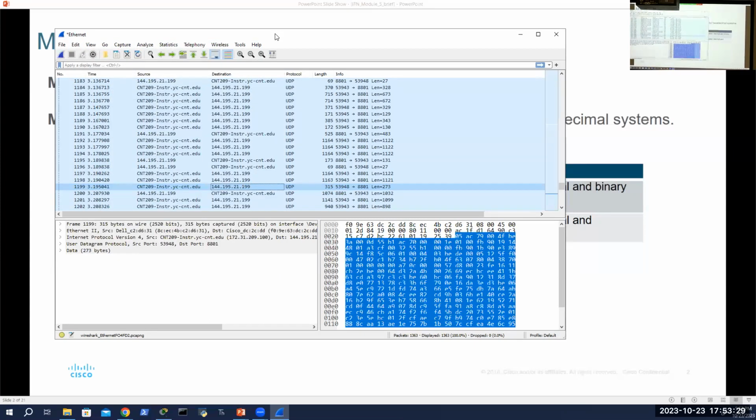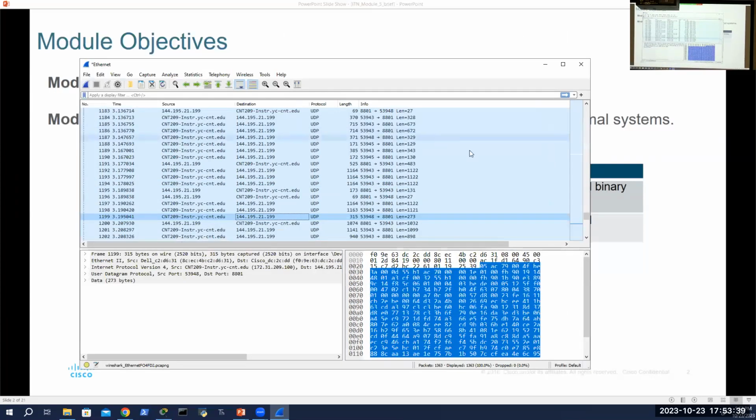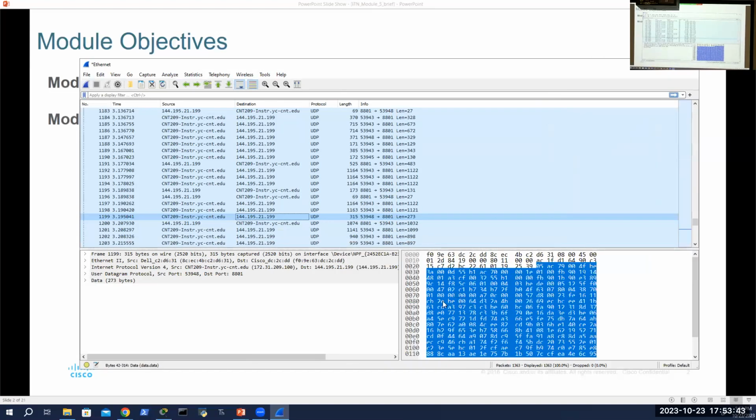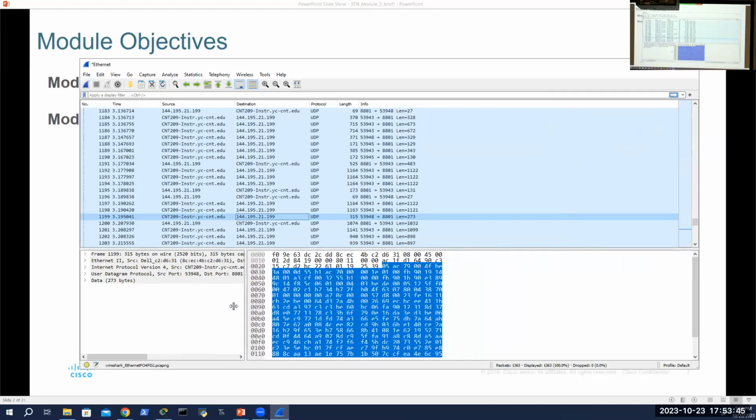Anyway, I'll worry about that later. Well, it showed the ASCII on the left screen, but not on this one. What the heck's going on with that?